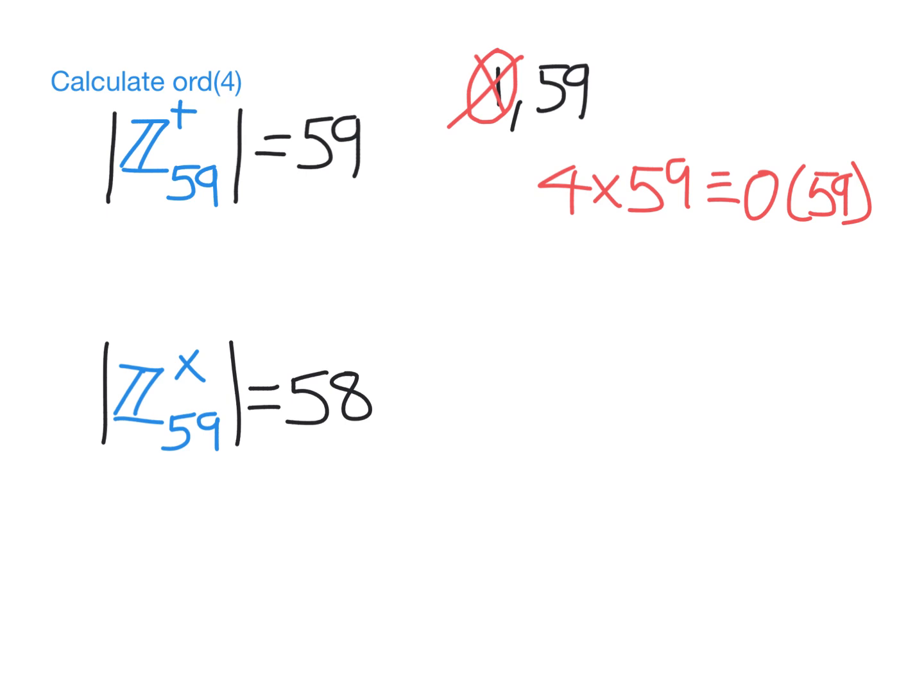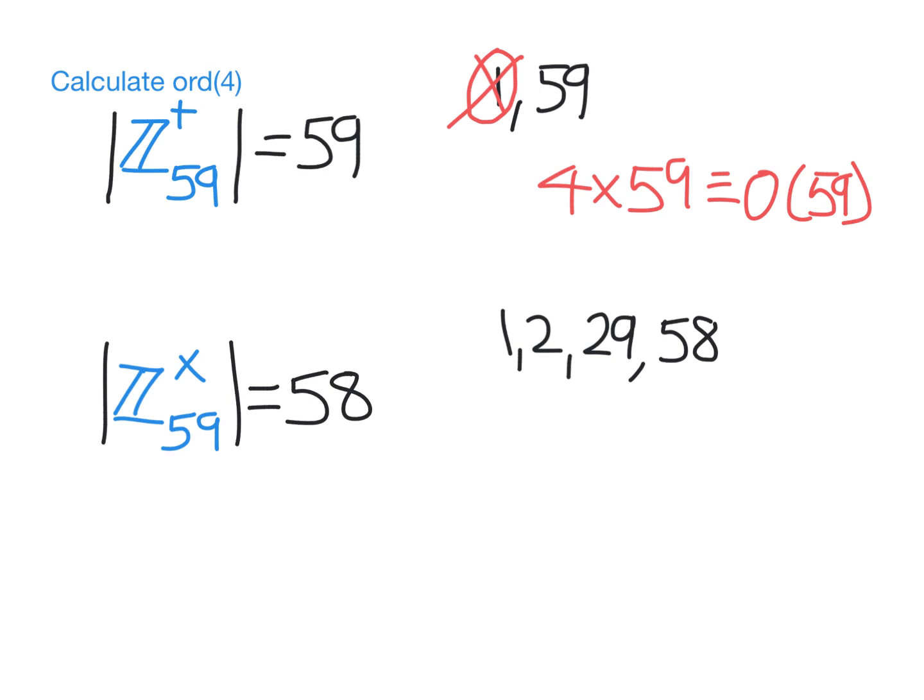So to find the order of 4, let's use Lagrange's theorem. It tells us the order of 4 is a number that divides 58, basically a positive integer factor of 58. So the numbers that divide 58 are 1, 2, 29, and 58. So it's really helped us narrow down considerably the possible orders.